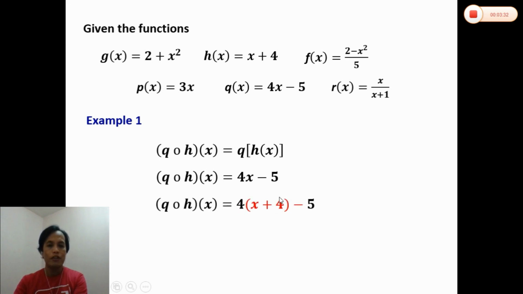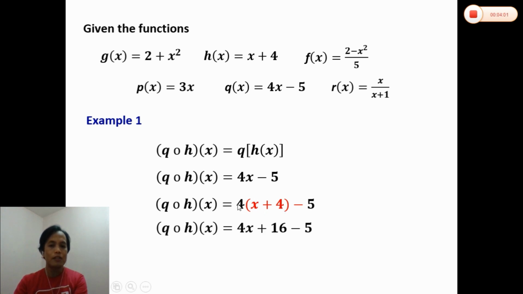So the resulting function would be, we copy 4, instead of writing x, we change that with x plus 4. Then we simply copy minus 5. Then we simplify by distributing 4 to the terms inside the parentheses. So we will have 4 times x and 4 times 4.